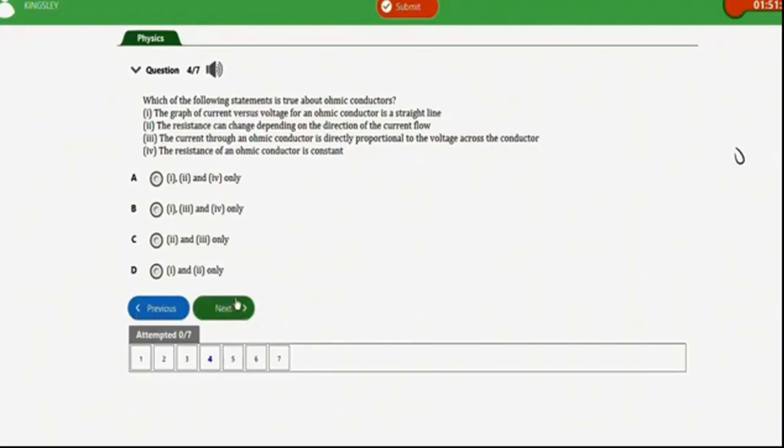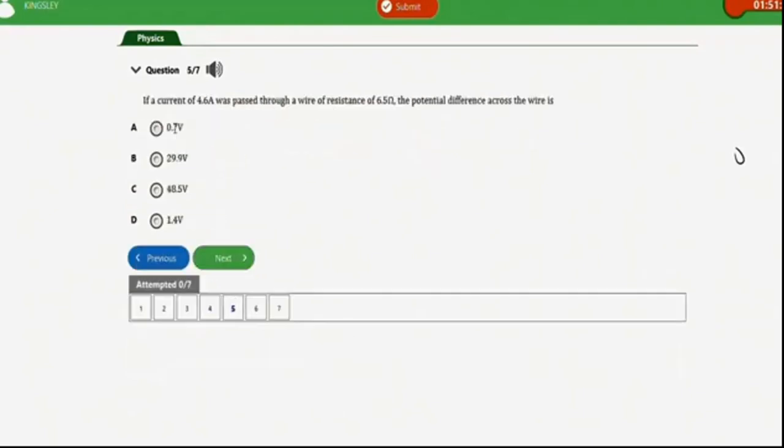Let's go to the next question. It says if a current of this value was passed through a wire of resistance of this value, the potential difference across the wire is what? So we're going to use Ohm's law to solve this particular question. We know Ohm's law, V equals I R, where V is the voltage or potential difference, I is the current and R is the resistance.